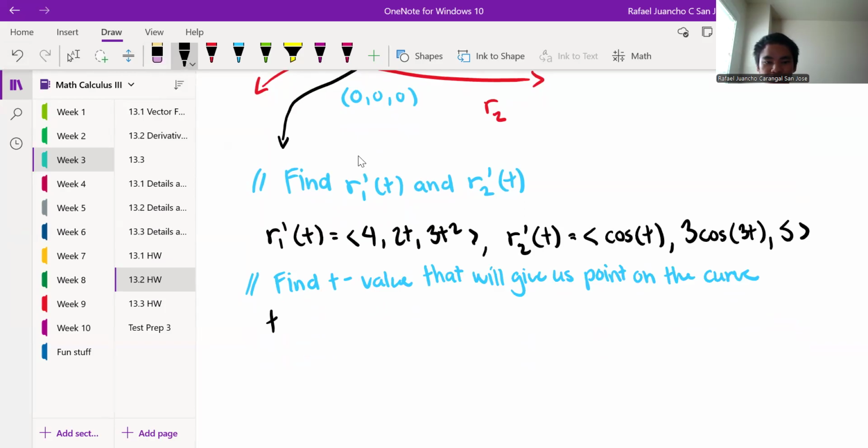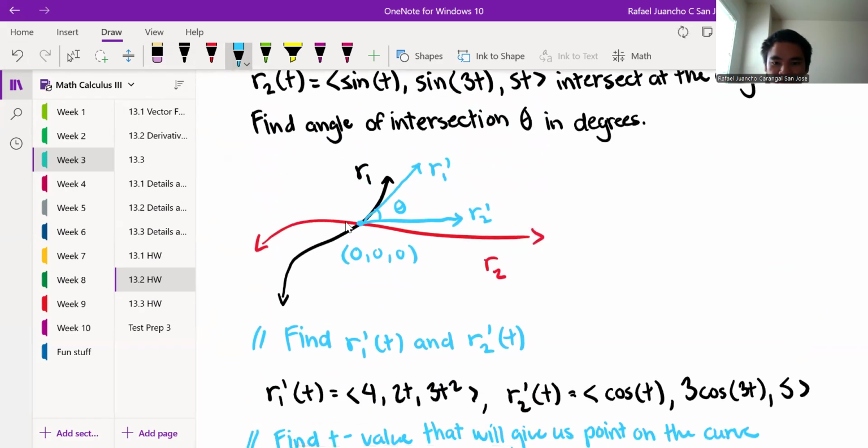So t equals 0. And then the next thing we want to do is find the derivative at that point for both of these tangent vectors, right? And then we get the cross product of them, and then we can get their angle.